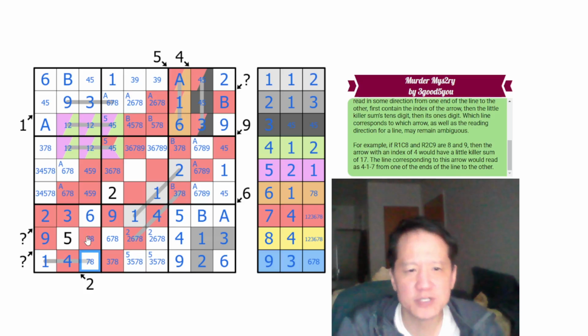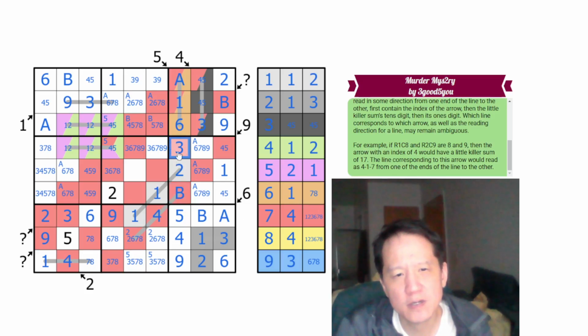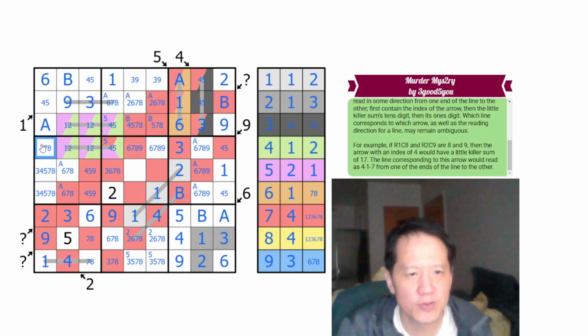Because this specifically would be the 7 for 1. So this specifically has to be B, which makes this a 3. So these can't be 3 anymore. This can't be 3 anymore.